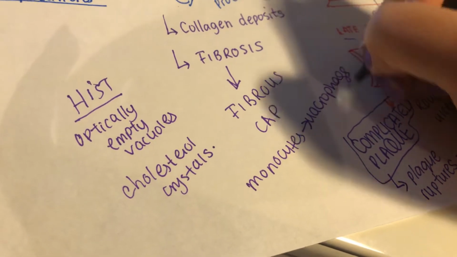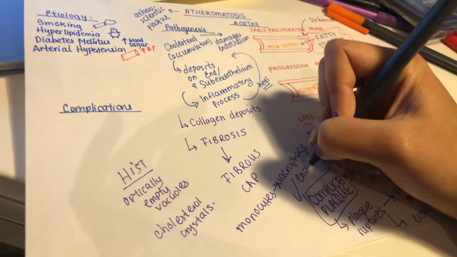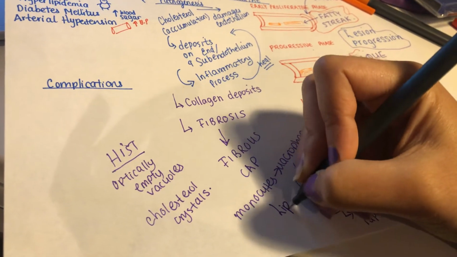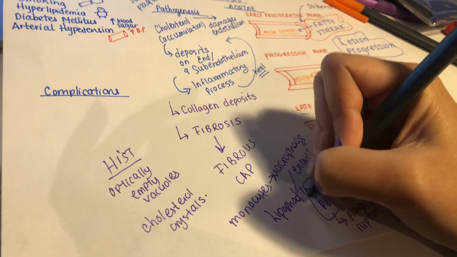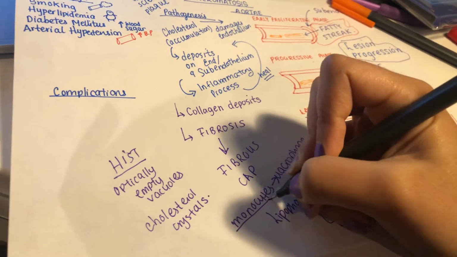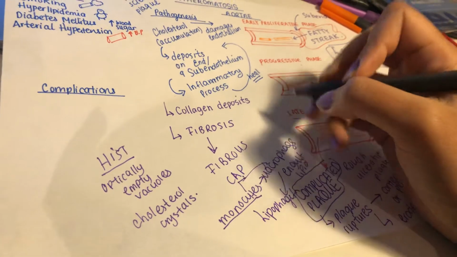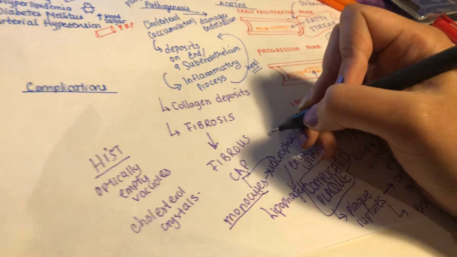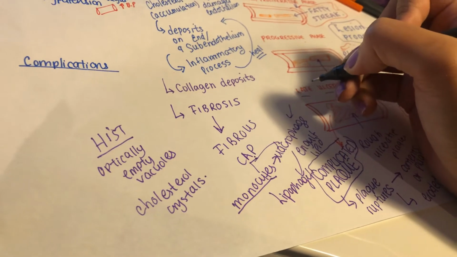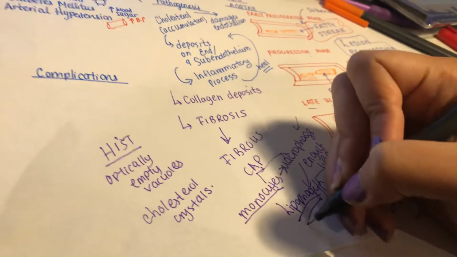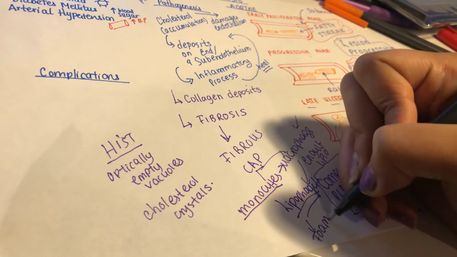Whenever macrophages engulf lipid or fat, they become known as lipophages. Monocytes are the mothers and fathers of macrophages. They turn into macrophages as soon as they enter the tissue. Once these macrophages engulf lipids or fats, they become lipophages. Their other name is foam cells.